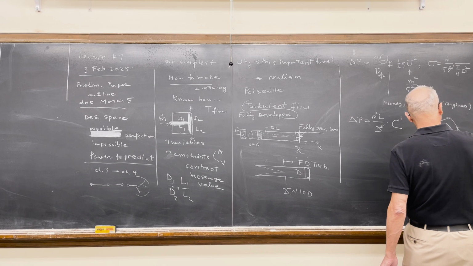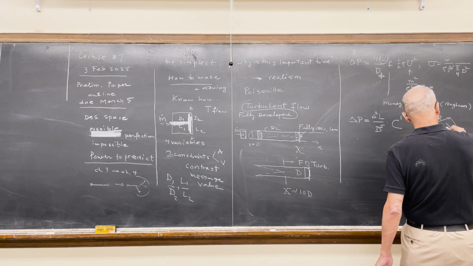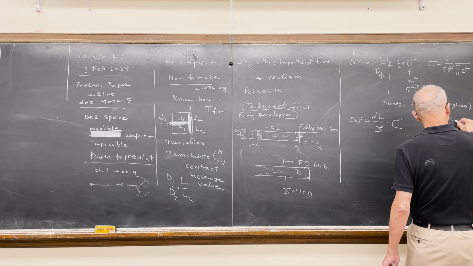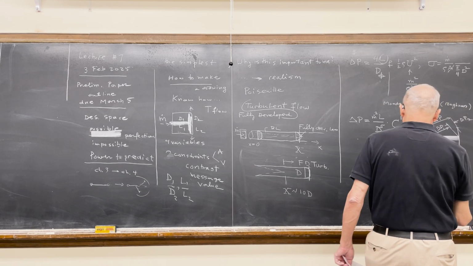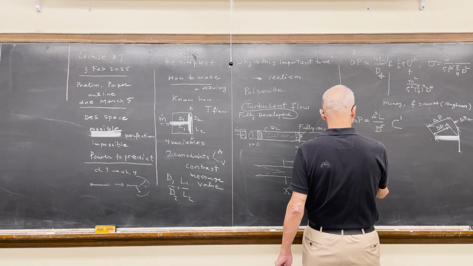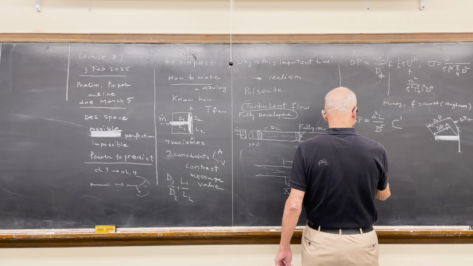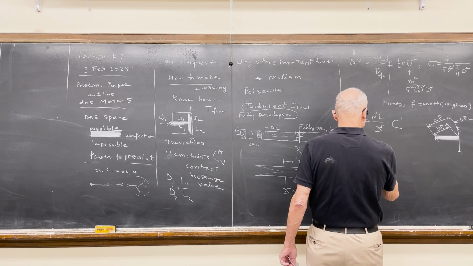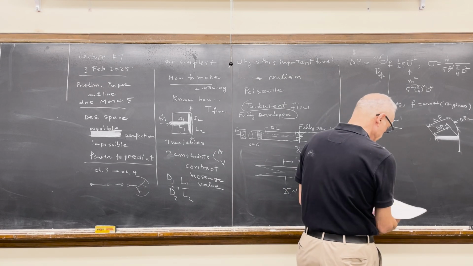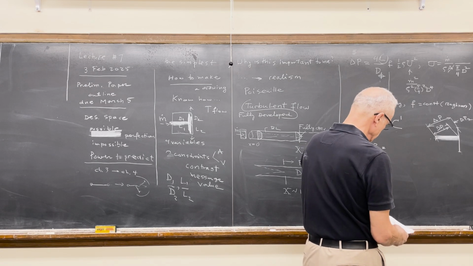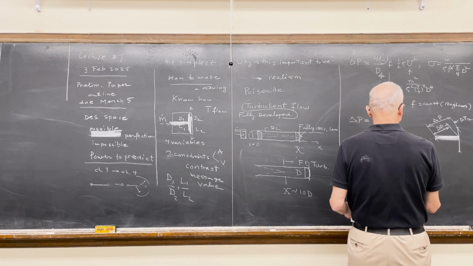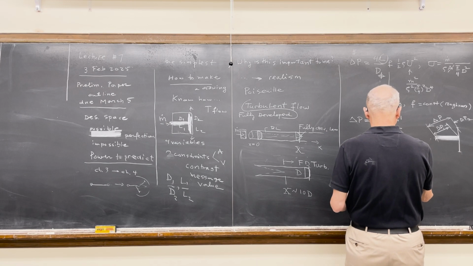One is called delta P1, and the other one is called delta P2. And when you add these two together, you obtain an aggregate formula, which is C prime.